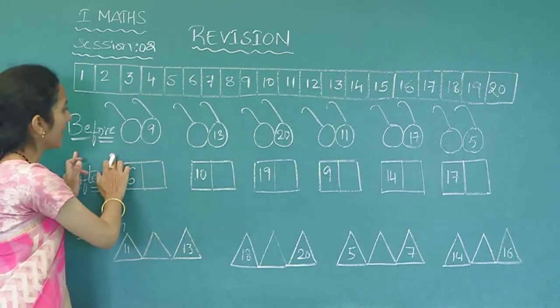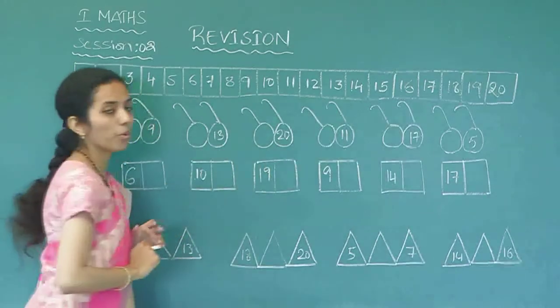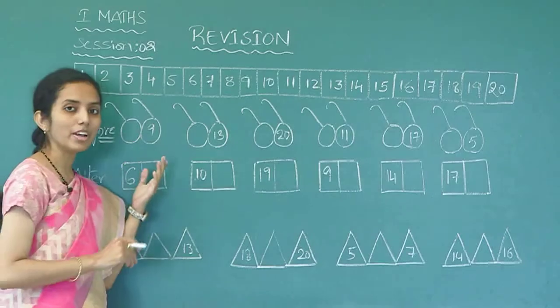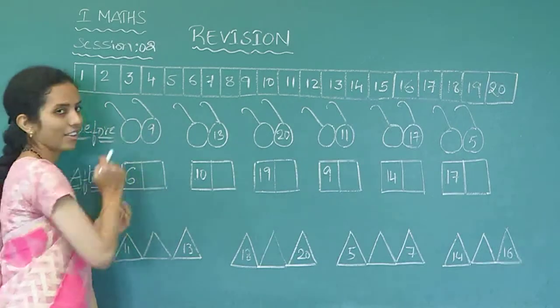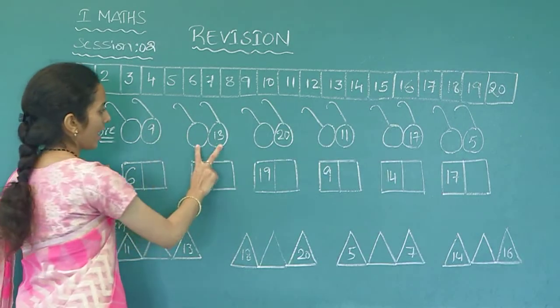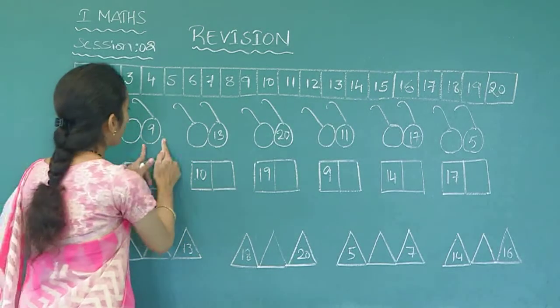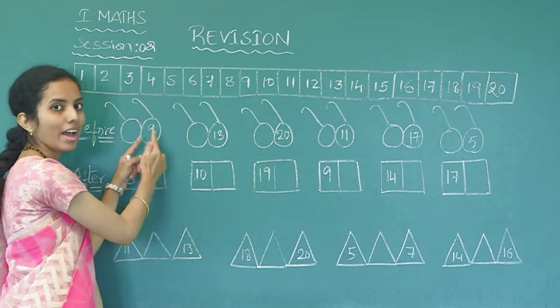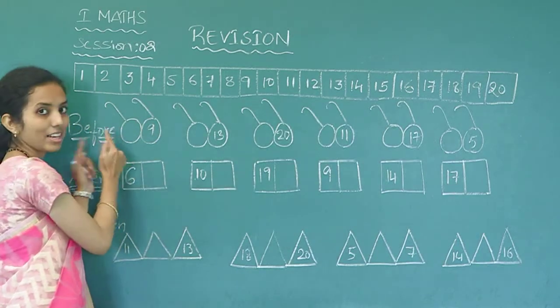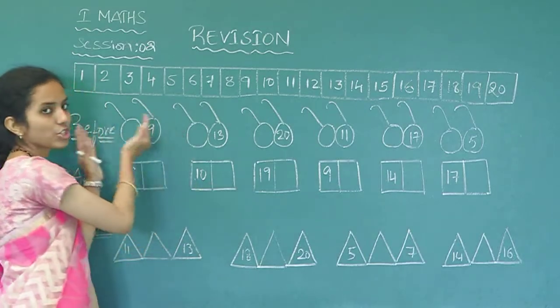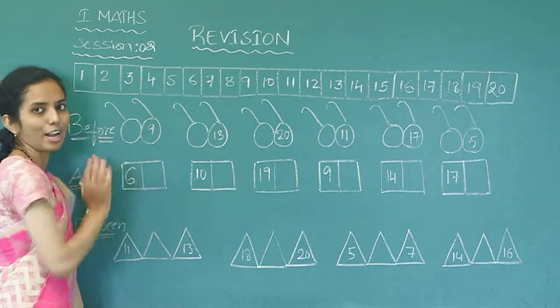With these spectacles, we have to write the number which is before the given number. There are two glasses. In one glass, we are given a number, and in the other glass, we have to write the number which comes before the given number.